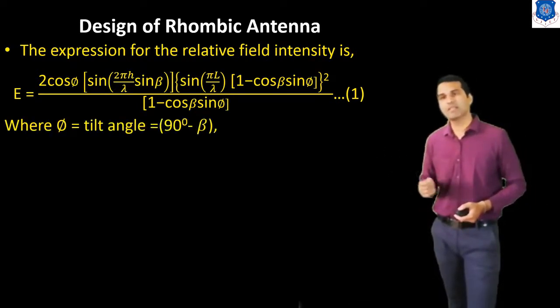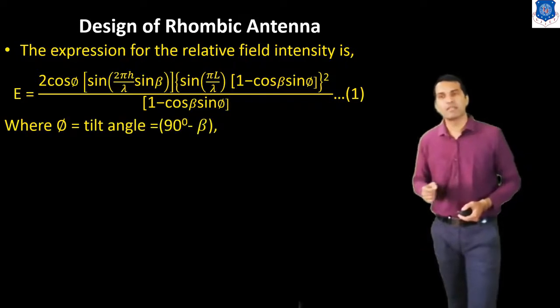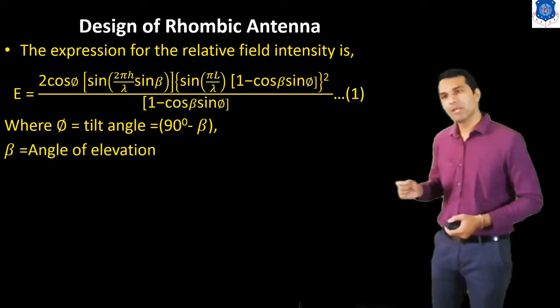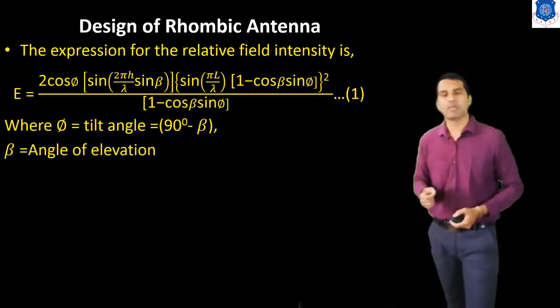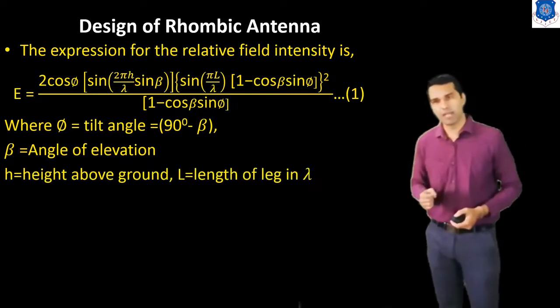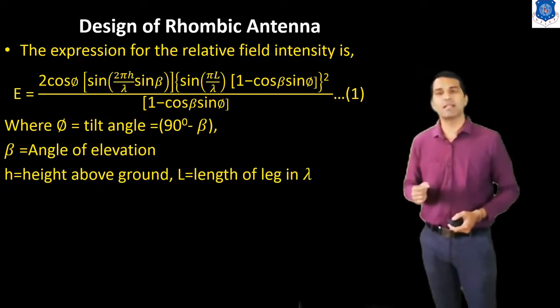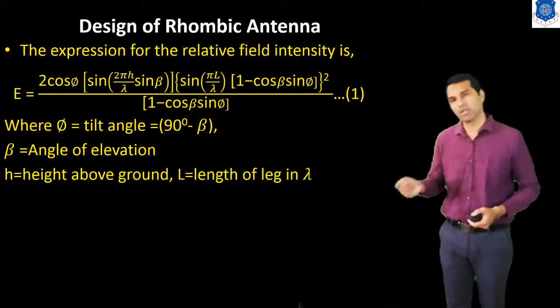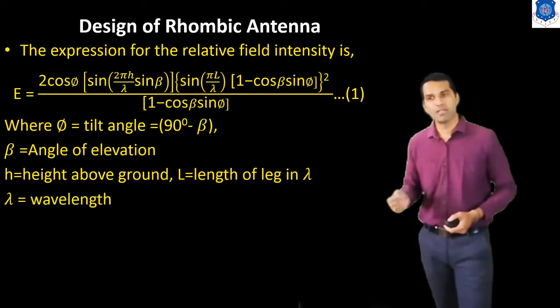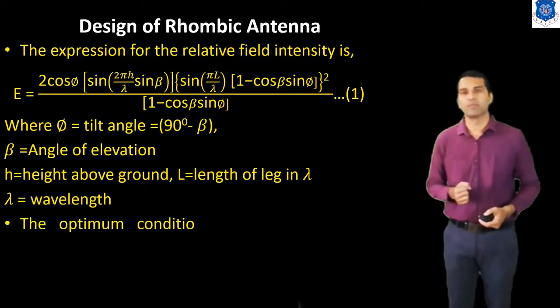Here phi indicates the tilt angle, and it is nothing but 90 minus beta. Beta indicates the angle of elevation, h indicates the height above the ground plane, and L indicates the length of the leg. We define the length in terms of lambda, which we know is the wavelength.